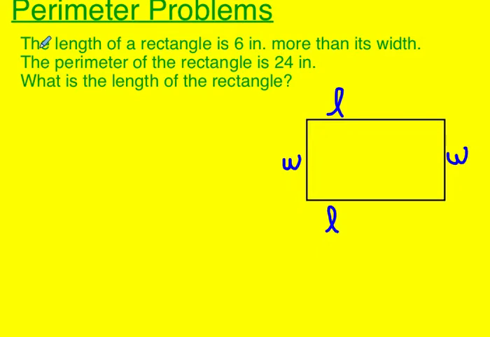But I'm being told that the length of the rectangle, so that's my L, is, we know that is means equal, 6 inches more than its width. So 6 more than meant that we needed to add, back from chapter 1, the width. That would be true for both sides where we have the length written.